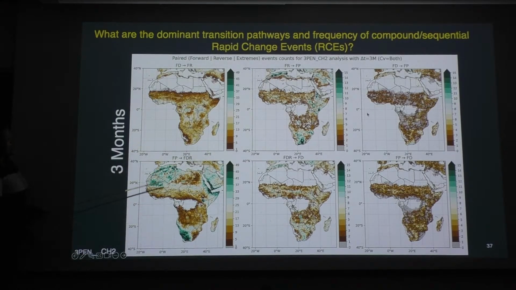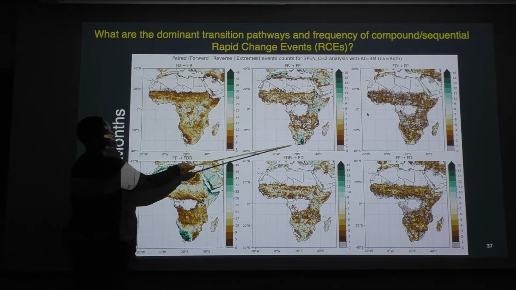And the second thing to note is the intensity, like the high number of events over the west of the Sahara region, over the north part of the Greater Horn of Africa, and over the tip of South Africa, especially for the wet states where we move from flash pluvial to flash drought.